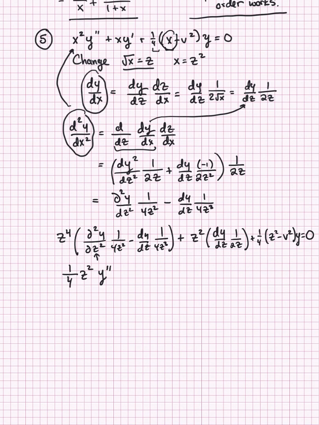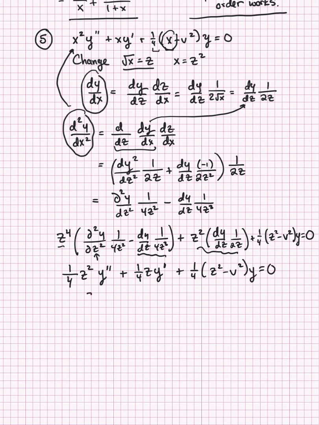For the first derivative, I'm getting minus a quarter z and plus a half z, so I get 1/4 z dy/dz, which I'm going to write as y prime. That comes from these two expressions added, times the z fourth, plus a quarter z squared minus v squared y is equal to 0.